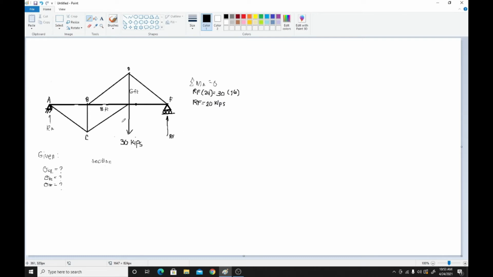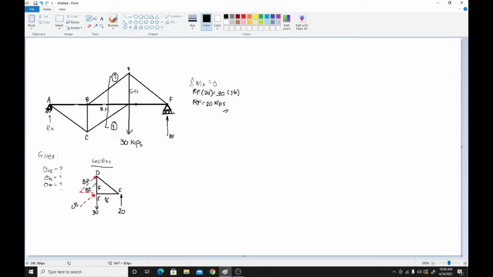So to solve the value of CE, we need to start the section here and consider right. From the previous equation, the reaction at F is equal to 20 kips. As you notice, the members that activate are BD, CE, and BE.